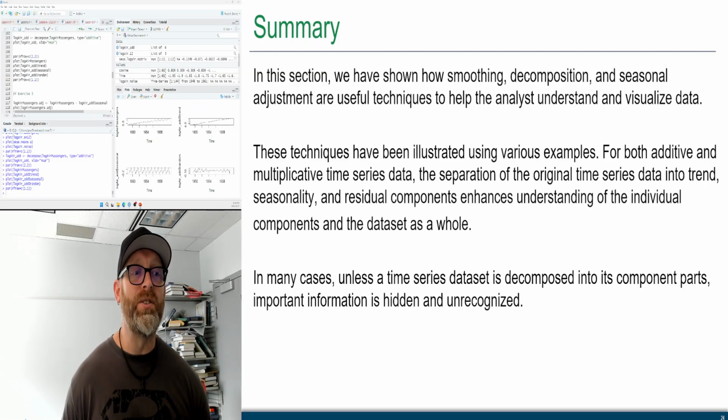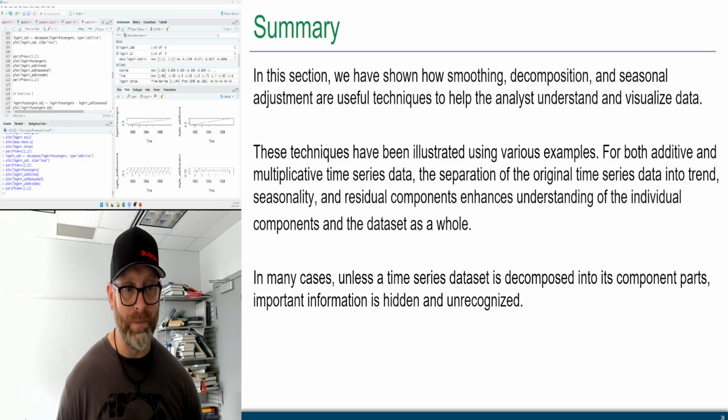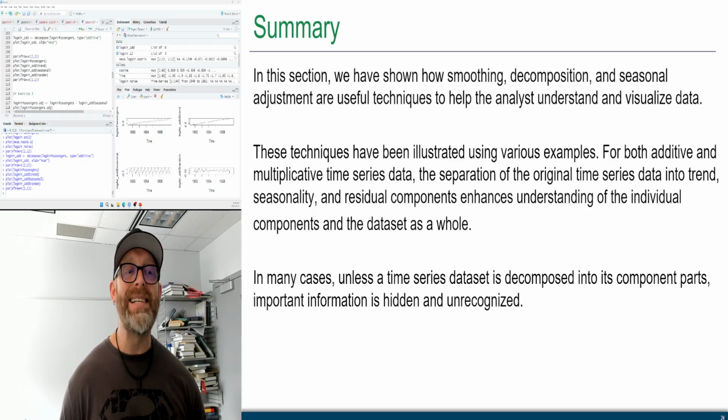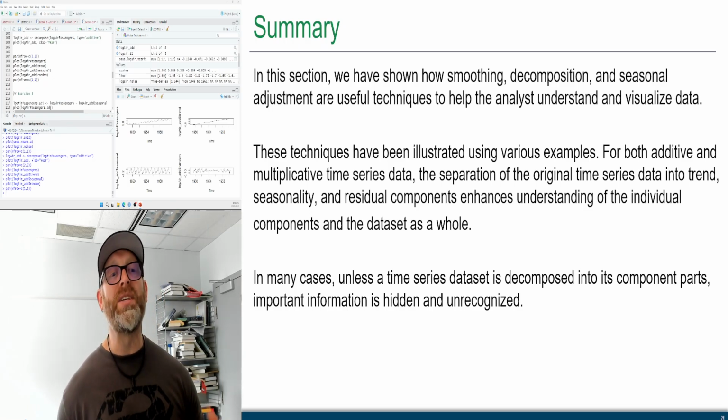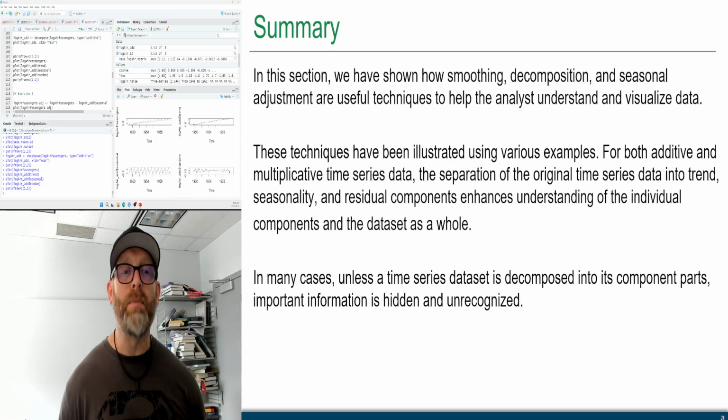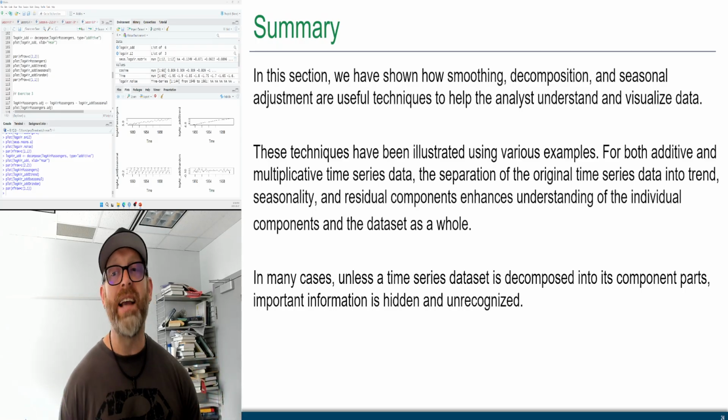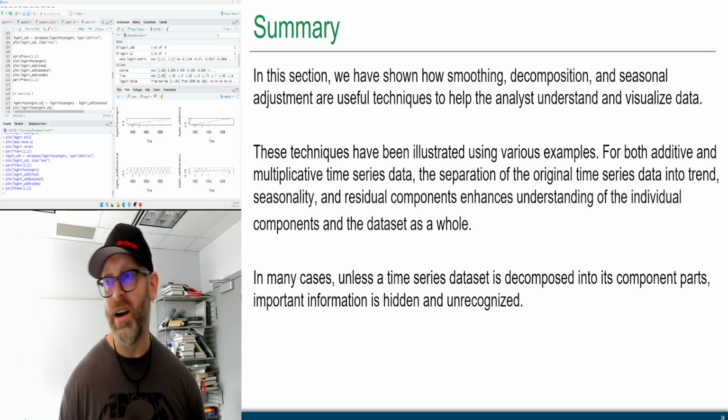And separation of the original time series data into its trend, seasonal, and residual, that's the noise component. In many cases, unless time series data sets are decomposed into their component parts, important information is hidden and unrecognized. So that's a key thing as to why we strip these components apart, so that we can actually see what is happening underlying our data.